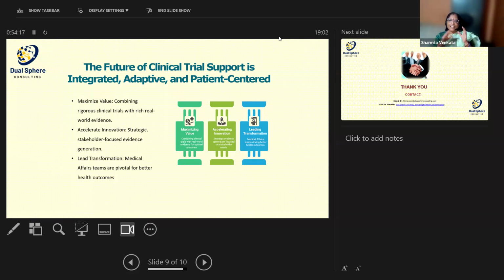Clinical trials give us scientific rigor: controlled conditions, clear cause and effect relationships. Real world evidence gives us context, showing how therapies perform in diverse patient populations over the long term in everyday practice. So, by integrating the two, we maximize value.